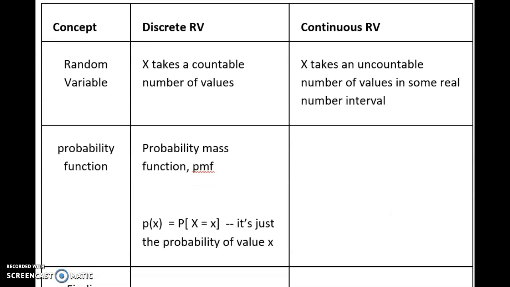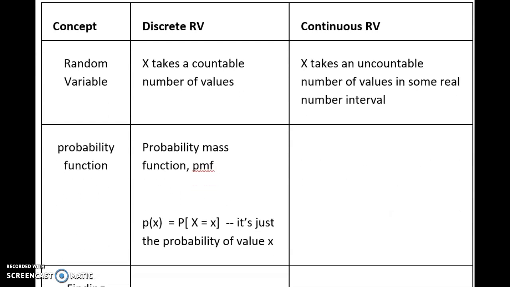So you have a table like this in your packet. It's a big table that shows you a lot of different definitions about discrete random variables and continuous random variables. We're going to talk about the discrete ones right now. All right, so notice our random variable in a discrete case, x takes a countable number; continuous, x takes an uncountable number.